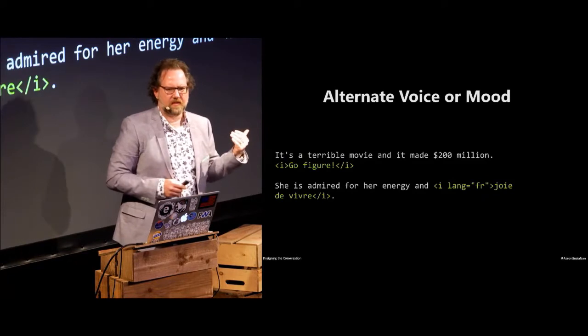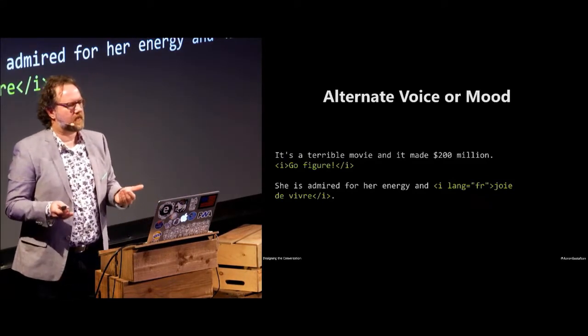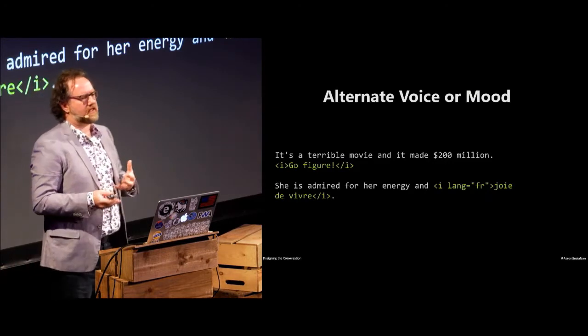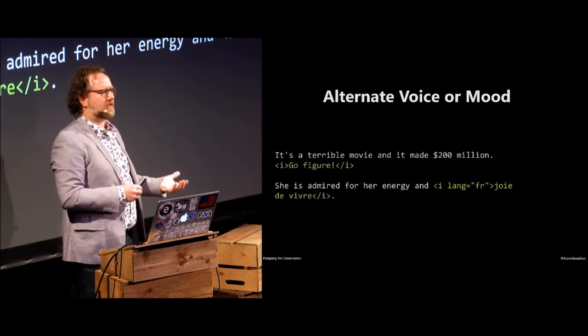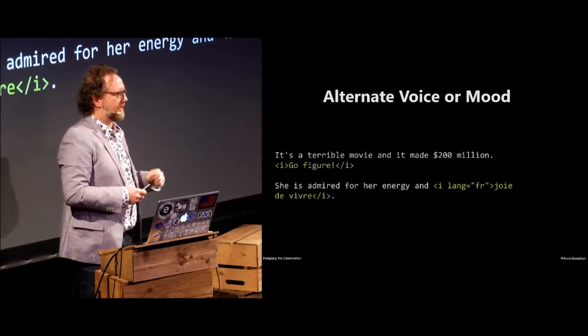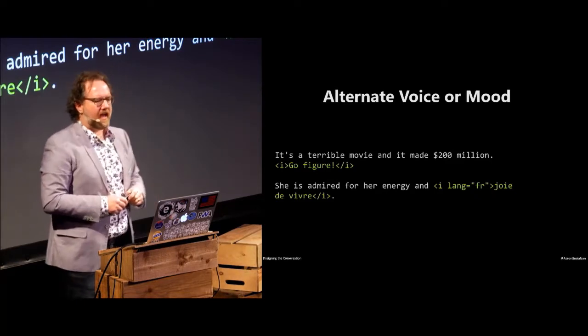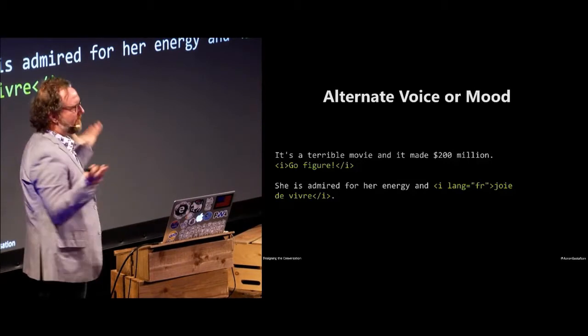So the I element is similar to emphasis, but it's more generic. It's to indicate an alternate voice or mood. It could be used to indicate sarcasm or idiomatic remarks or shifts in language. Personally, I'd rather us have an explicit sarcasm tag. So if you're up for that, let's submit that to the web we want. But here we have, it's a terrible movie and it made 200 million. Go figure.